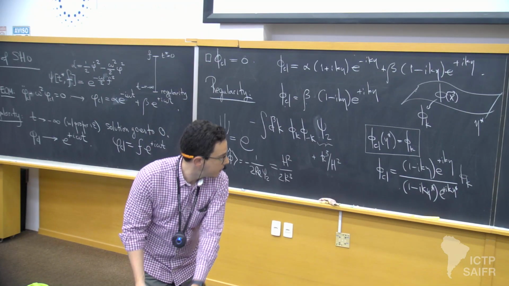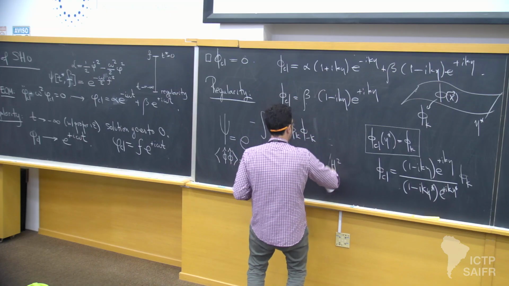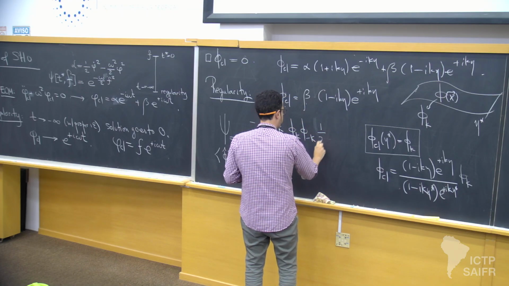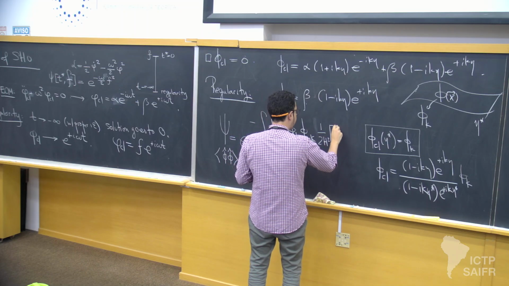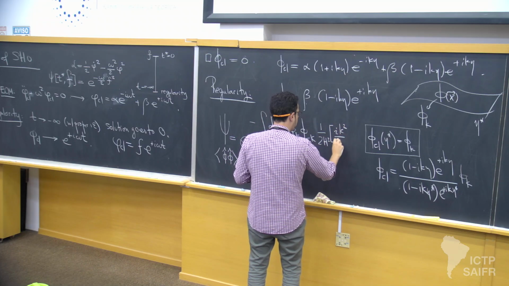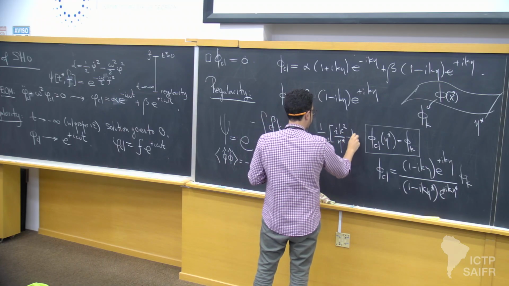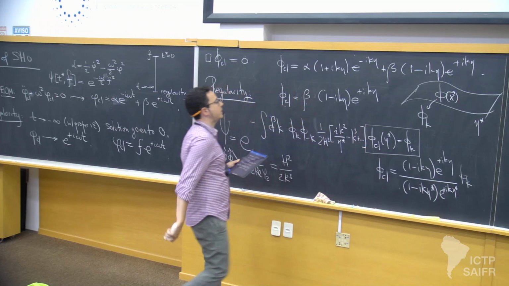Okay, let me give you the full answer, the correct answer. Then you can compute it. It's very simple. It's 1 over 2H squared times i k squared over eta star, minus k cubed, plus stuff that vanishes as eta star goes to 0.